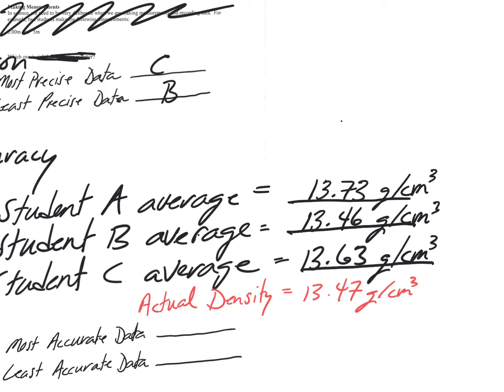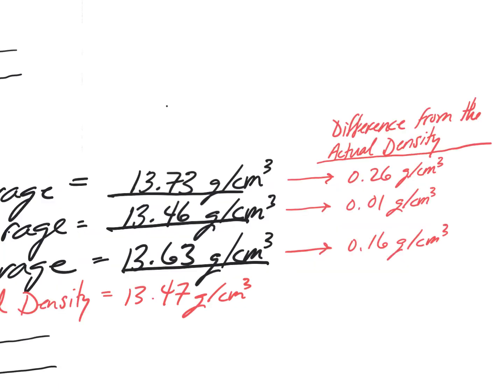So now what we want to do is see which of these averages are closest to the actual, okay? So I'm going to work that out. All right, so what I did is I found the difference between the averages and the actual.